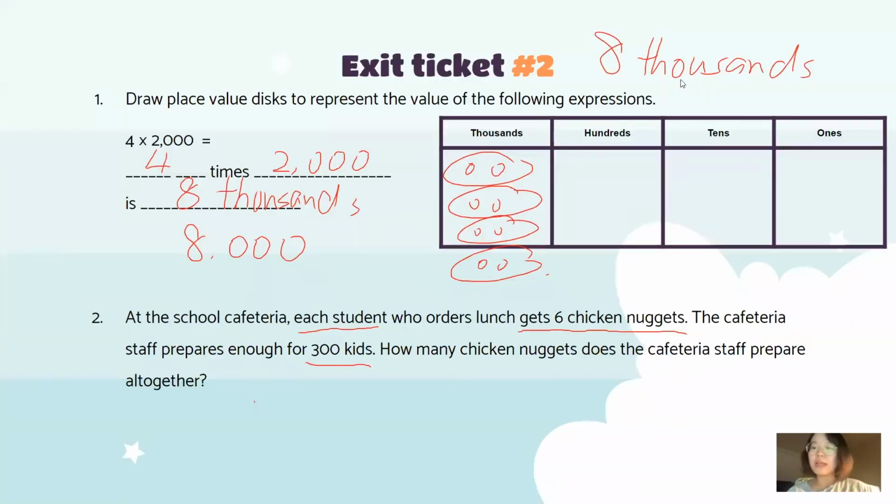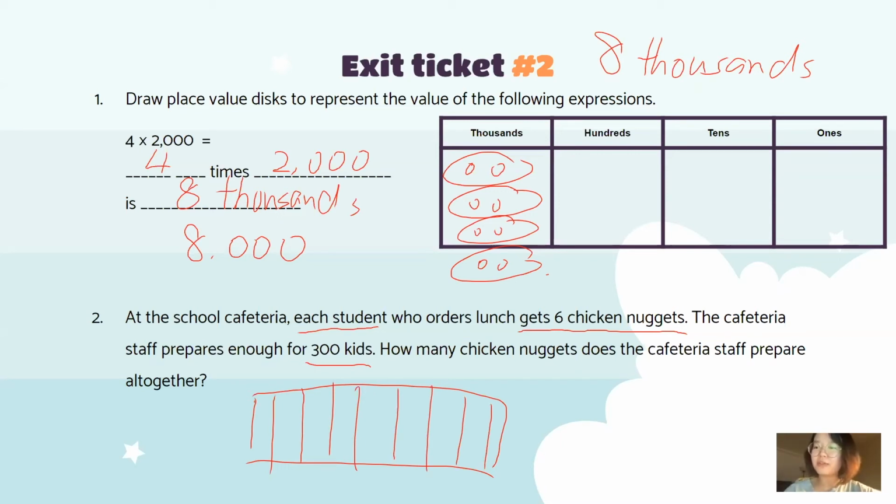So right now I will draw a bar that represents 300 kids. And 300 is too many, so I will just draw like this to represent 300. So 300 kids. And each bar represents 6 chicken nuggets.